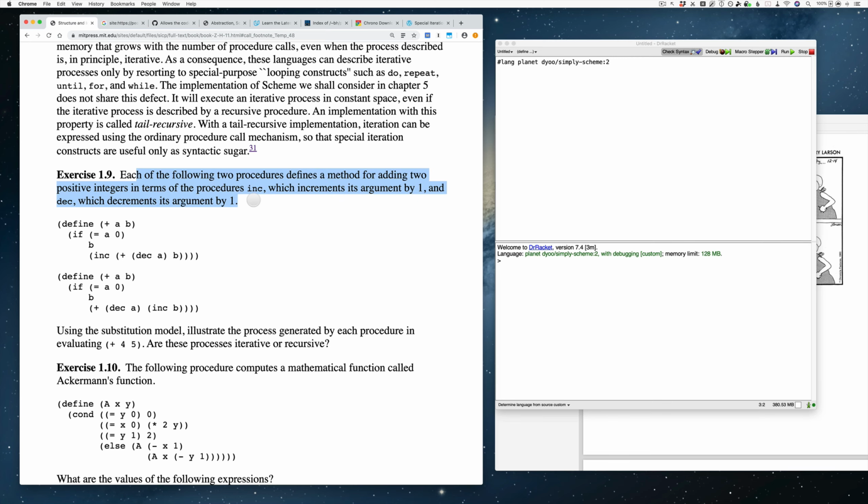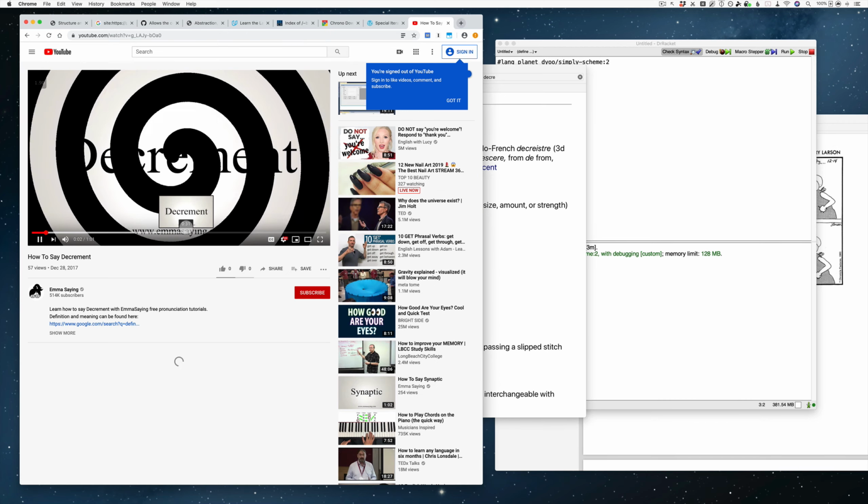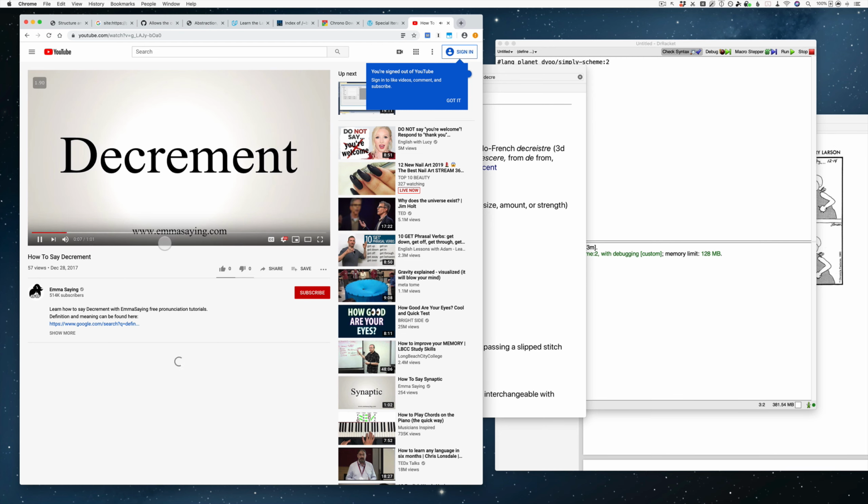So each of the following two procedures defines a method for adding two positive integers in terms of the procedures inc, which increments its argument by 1, and dec, which decrements its argument by 1. Increment, decrement.